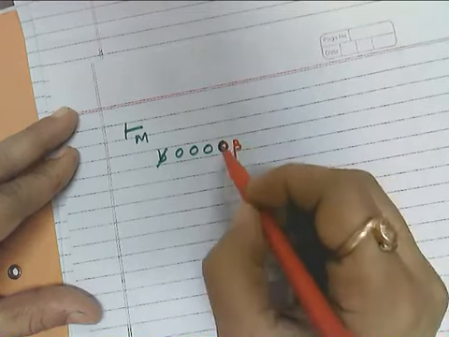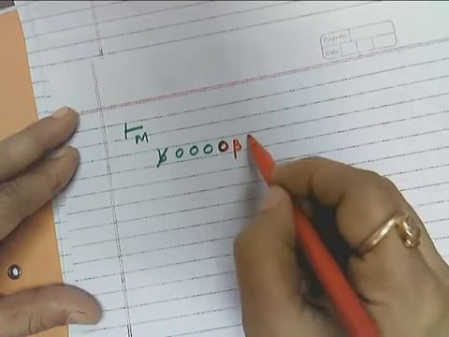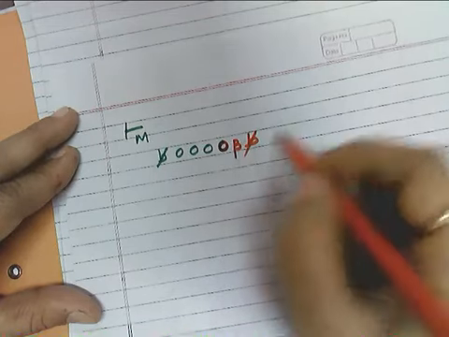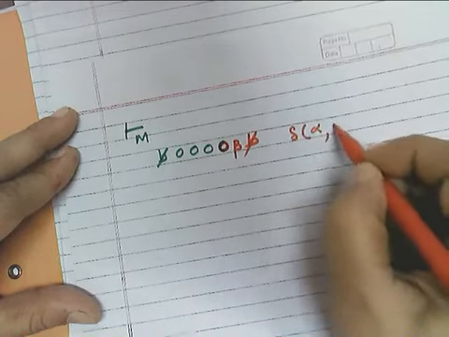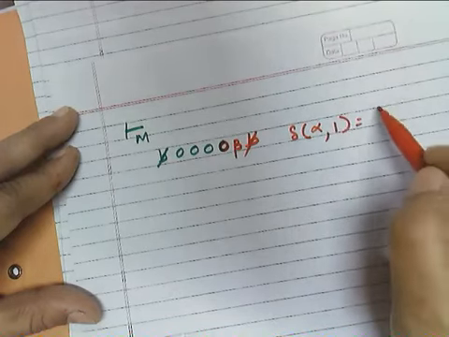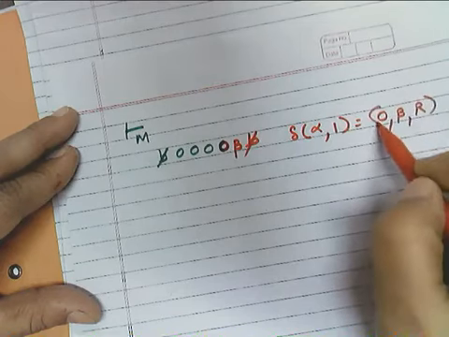What is happening? The state is changed to beta, okay. That's why we got the new things. This is because alpha comma 1 is going to give you the information 0, beta, r, okay.